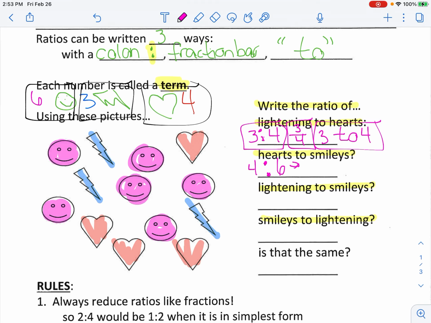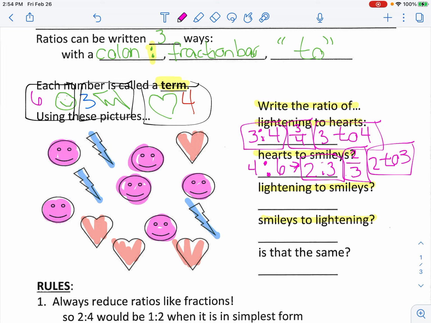So that answer is going to have to reduce to 2 to 3. So 4 divided by 2 is 2, and 6 divided by 2 is 3. So my first ratio would be 2 to 3. My second ratio with a fraction bar would be 2 to 3. And my third ratio using the word "to" would also be 2 to 3.